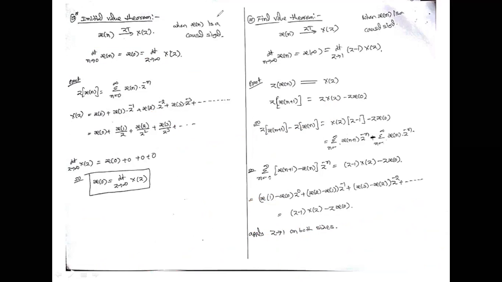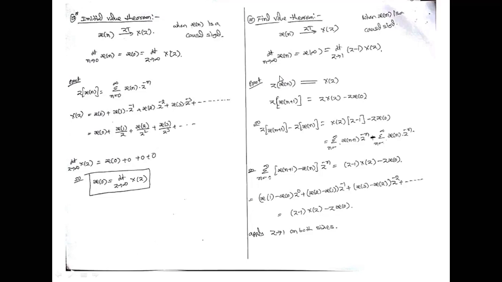The final value theorem states that x(n) has the z transformation X(z), when x(n) is a causal signal, which means it's right-sided. It's a one-sided signal, one-sided means unilateral.